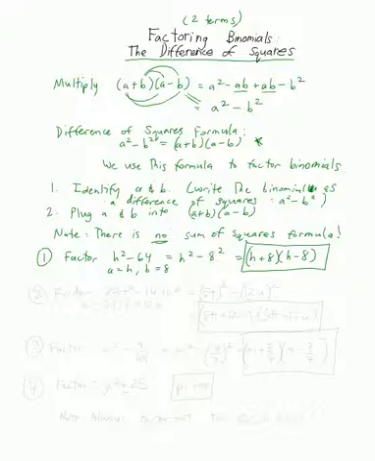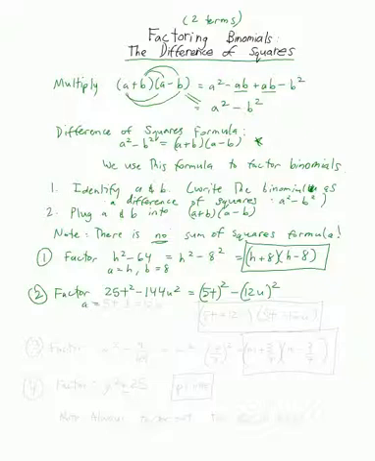Okay, let's try another one. This is number 2. I want us to factor the following. 25t squared minus 144u squared. So we want to see if this is a difference of squares. So notice the first one is 5t squared, and the second one is 12u squared.